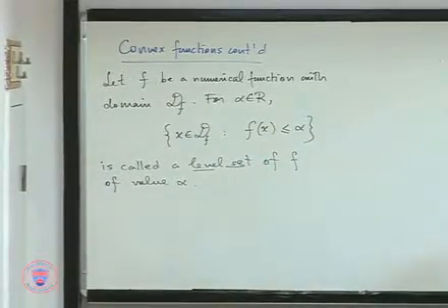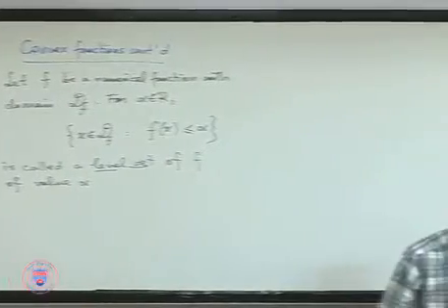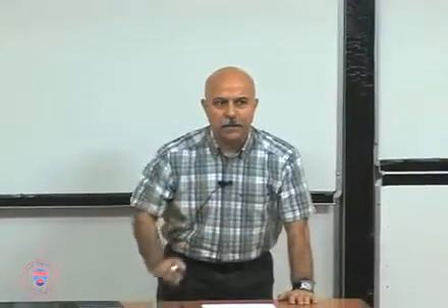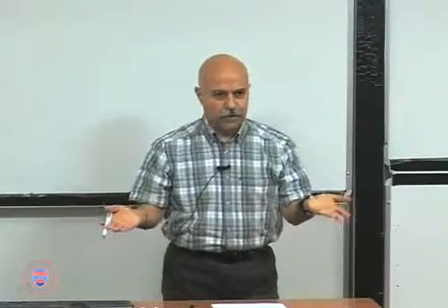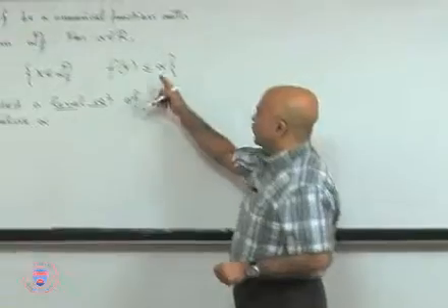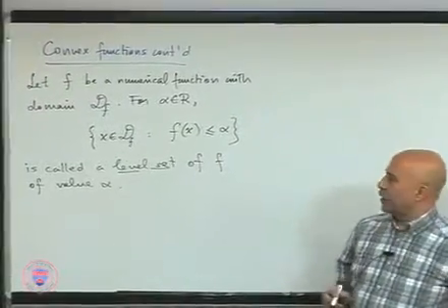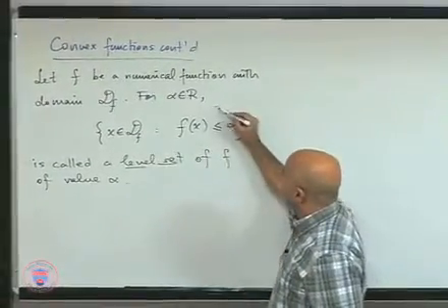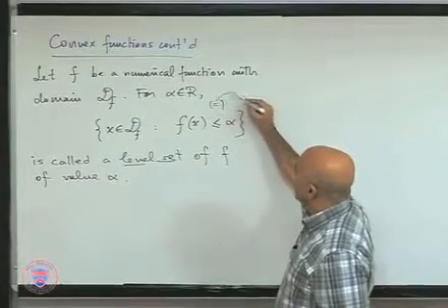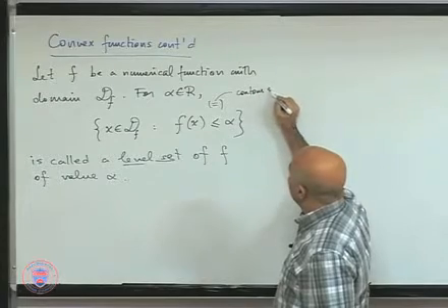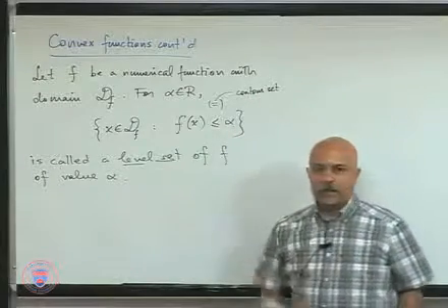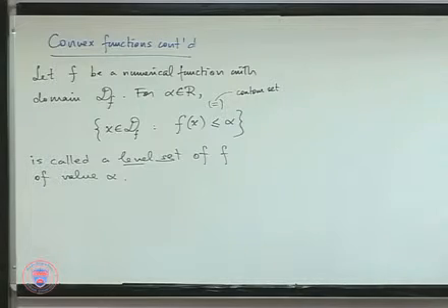That's called a contour set, like the contour lines in a geographical map. They would be all of the same height from the sea level. So with equality, that would define a contour set. But with inequality, it defines a level set of value alpha.